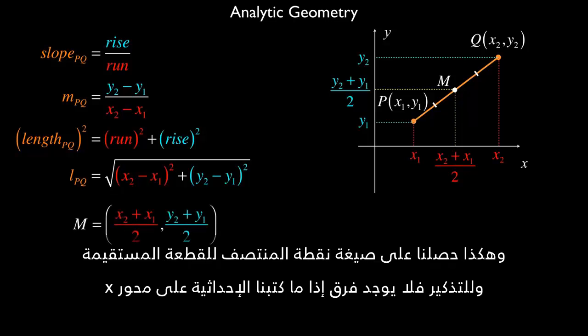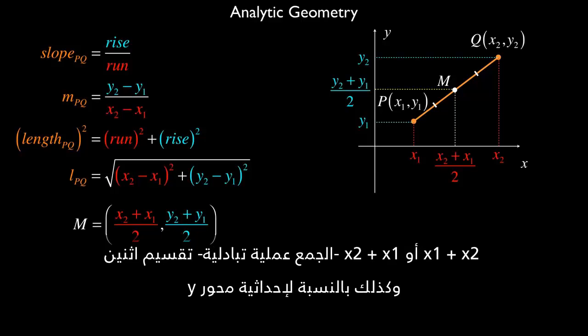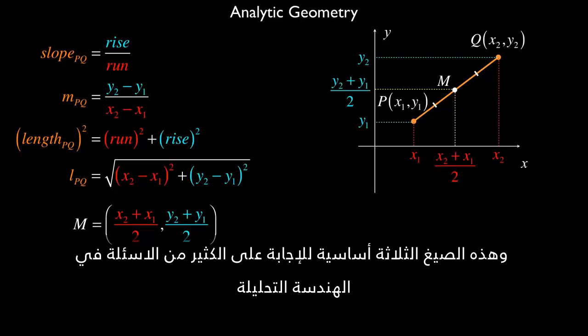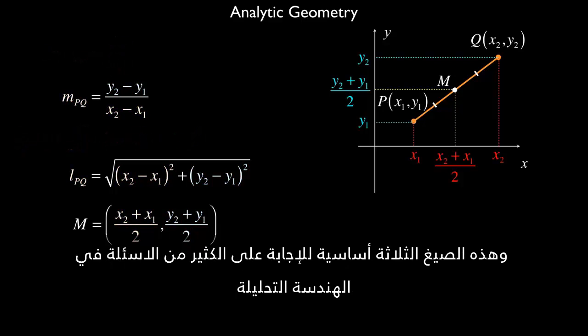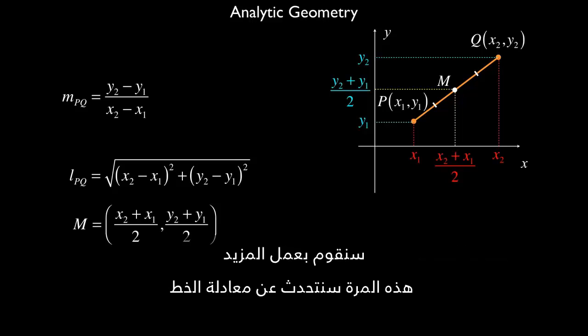And so we have a formula for the midpoint, which is x2 plus x1, and we could have written that in either order, x1 plus x2 or x2 plus x1 over 2, and y2 plus y1 over 2. Those are the three key formulas that we're going to use to answer a lot of our problems in analytic geometry. Let me go a little bit further and develop equations of lines.